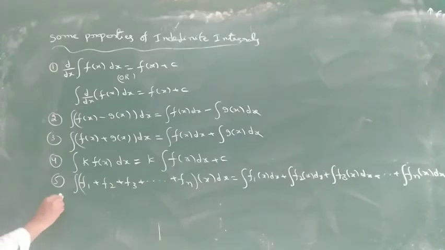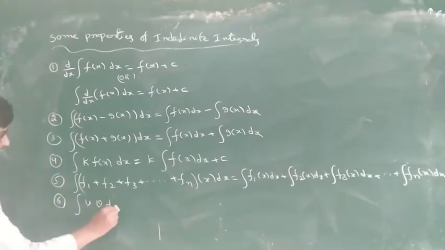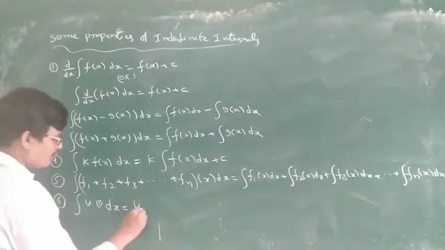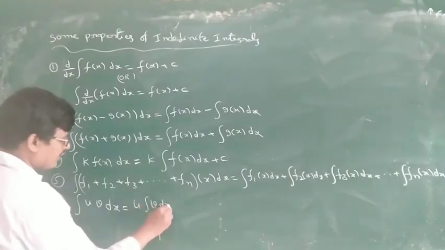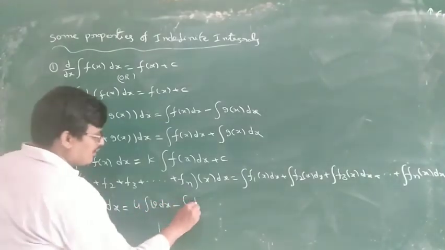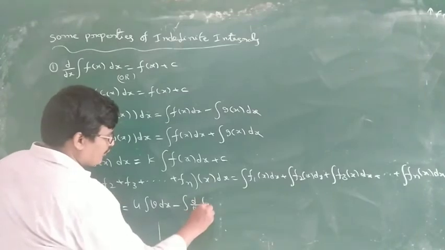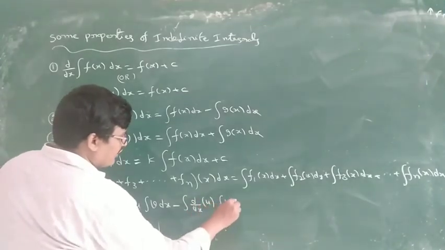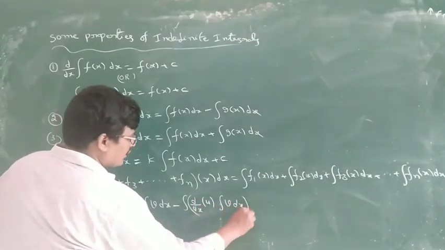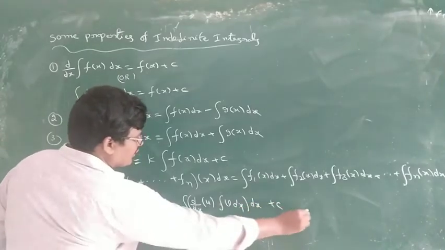Next, integral u into v dx is equal to u into integral v dx minus integral of d by dx of u times integral v dx, total dx, plus c.